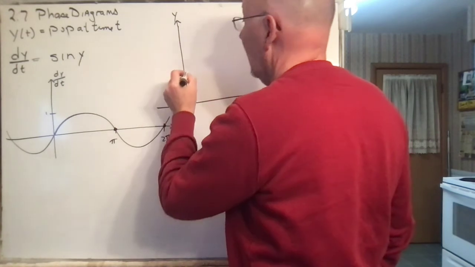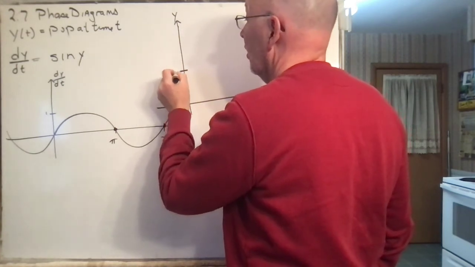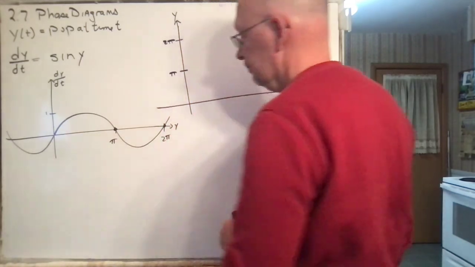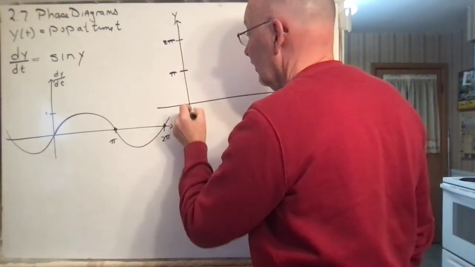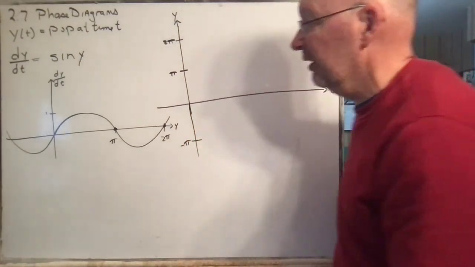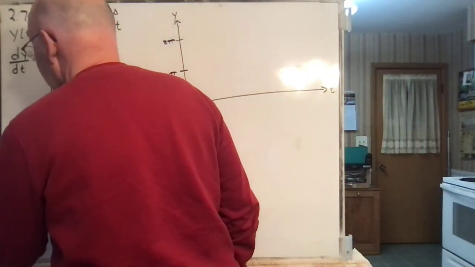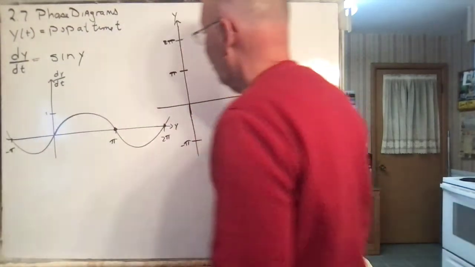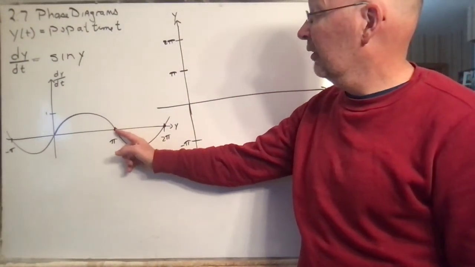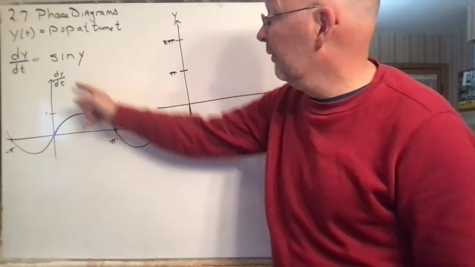Notice if you're at pi or at 2 pi, let's just take the positive part here. We could take negative pi as well. Those are places where if you start there, you're not going to move. You're just going to stay right there because the derivative is 0 there.